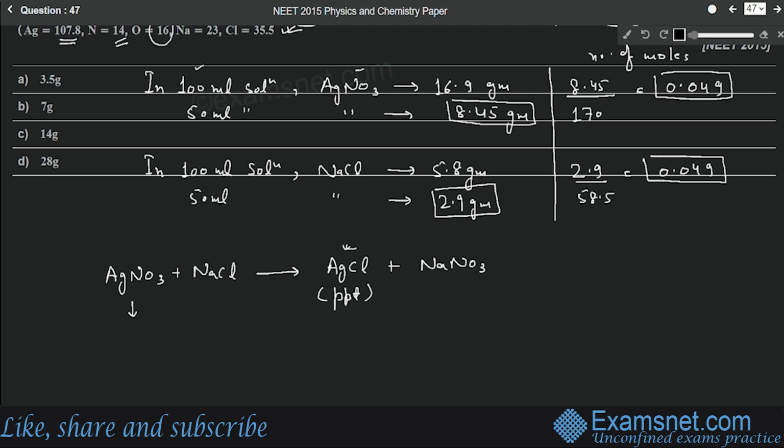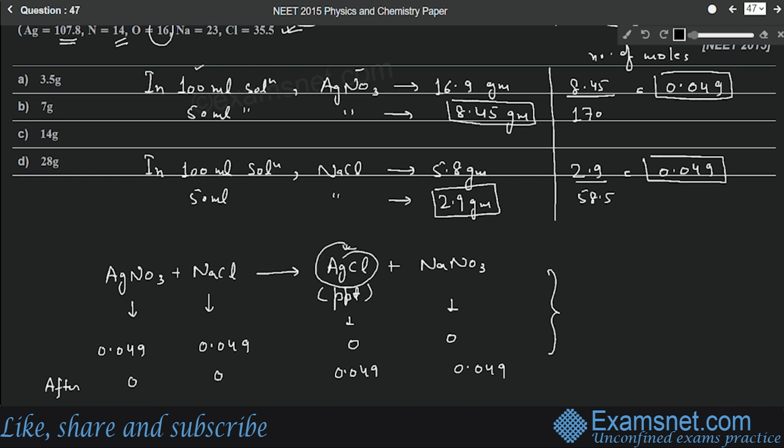Now let's see. Initially, what is the number of moles of silver nitrate? 0.049, we have just calculated. And the number of moles of NaCl is also 0.049. Number of moles of the products will be 0. After the reaction, the number of moles of silver nitrate and NaCl will be 0, and that of products will be 0.049 of each. So we have to find the amount of silver chloride.